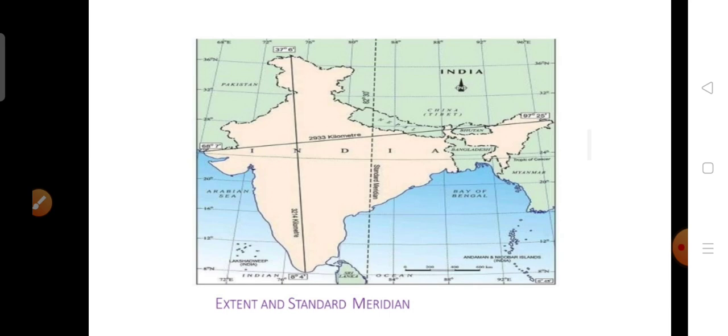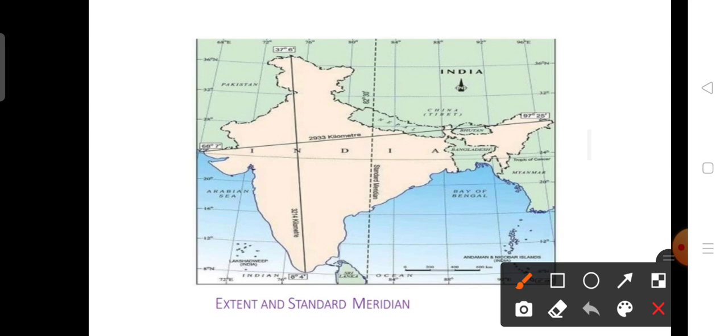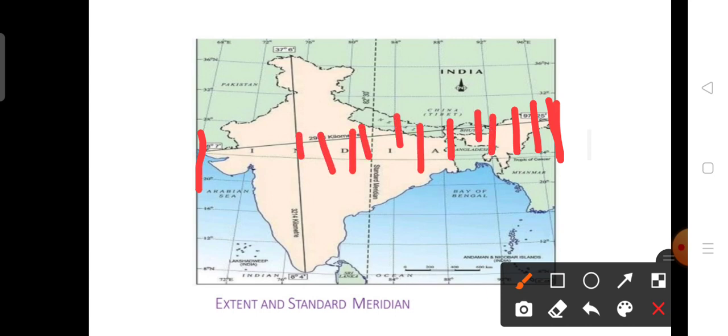As we know, there are a total of 30 longitudes passing through India, from 97 degrees, the easternmost longitude, to the westernmost longitude. When we count the total number of longitudes passing through India, we will find that approximately 30 longitudes are passing through India.